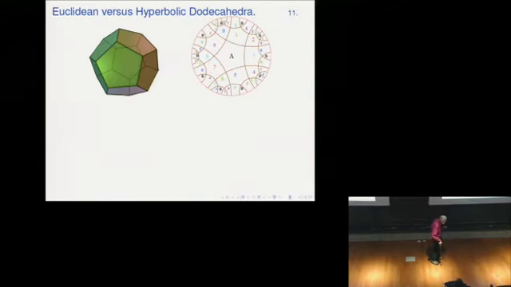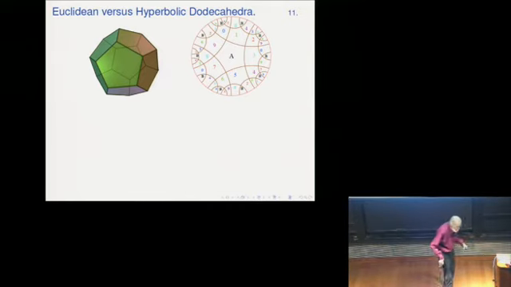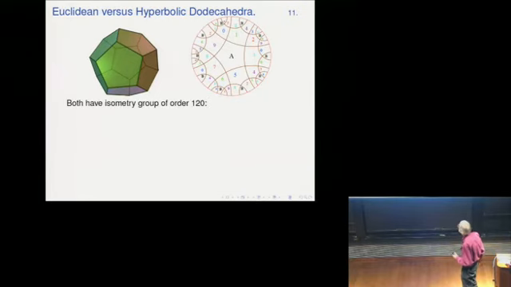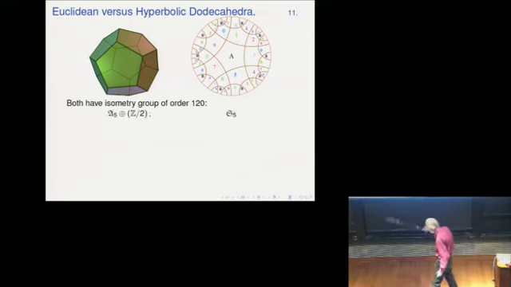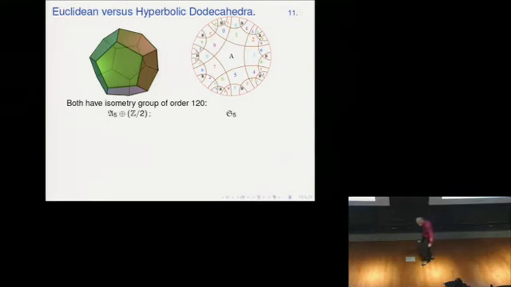Well, it's interesting to compare this with the Euclidean dodecahedron. So they both have 12 pentagons. They both have an isometry group of order 120, but they're different groups. In this case, for the dodecahedron, there's the antipodal map, which takes each point to its opposite point and each face to its opposite face. And that generates a central subgroup of order 2.